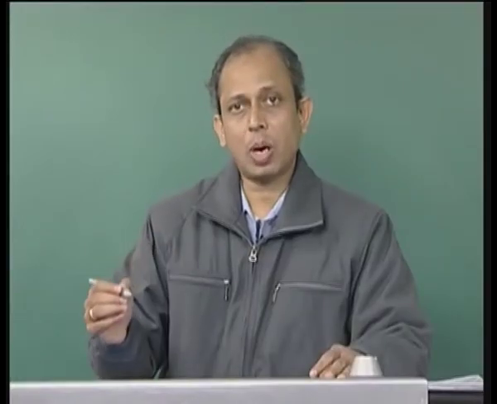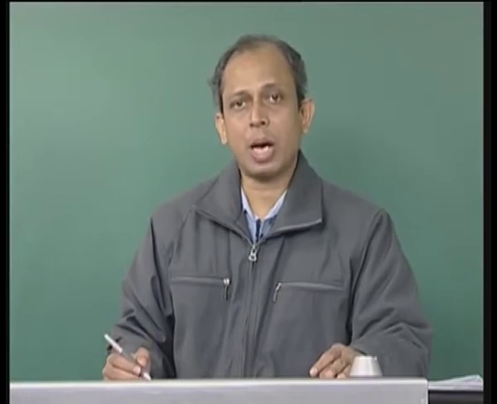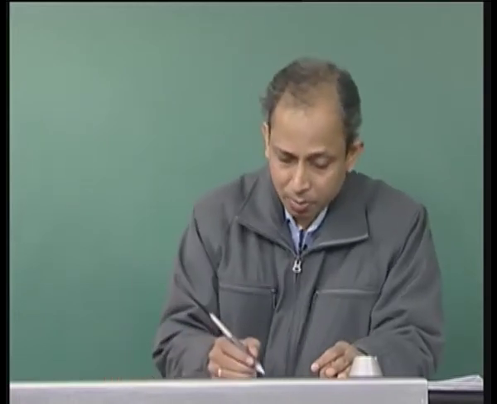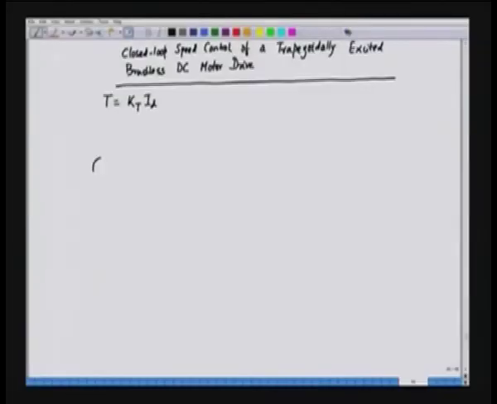If we want to have a closed loop speed control, we should have a closed loop speed feedback. So, we have a reference speed, omega m star or omega r m star, the rotor mechanical speed, and we compare it with the actual speed of the rotor, omega r m, and we feed that to a PI controller.